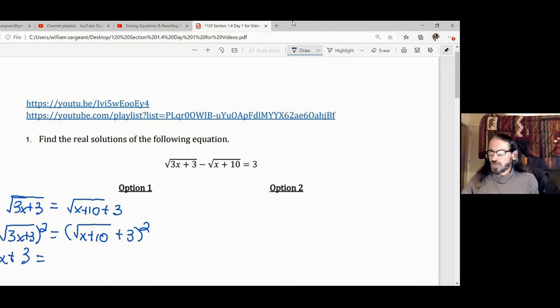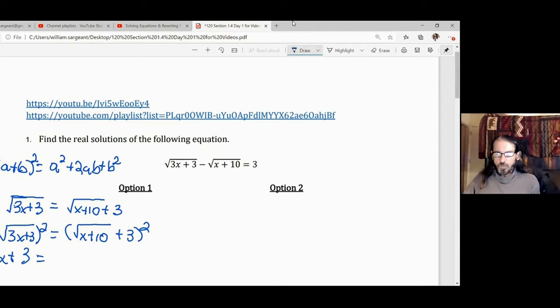On the right-hand side, if you multiply the binomial a plus b by itself using FOIL or whatever method you've learned for squaring a binomial, well, we get this special formula, a squared plus 2ab plus b squared.